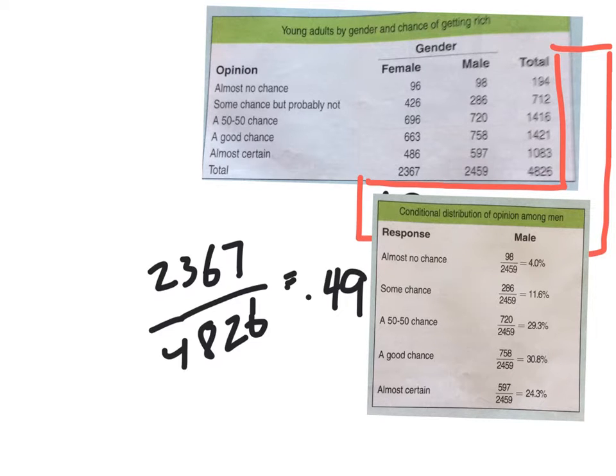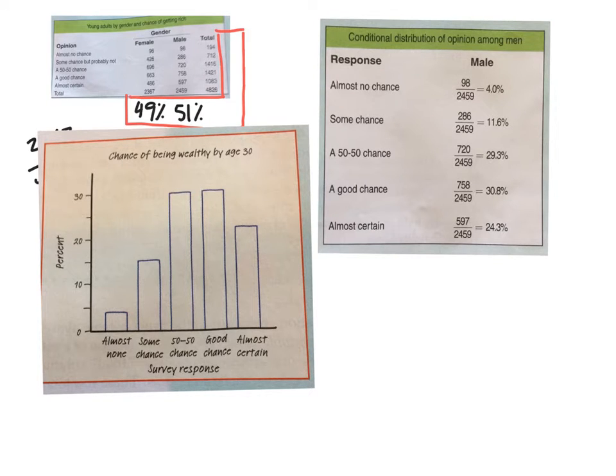Well, what we could also do is make a graph, maybe a bar graph or histogram, based on this. So this gives us a nice visual representation of what these numbers look like, which is what graphs are for. Just a picture of the numbers. So we can say that we have 30% in this range, which is 50-50 and good chance, and then almost certain is a little bit lower, and like that.